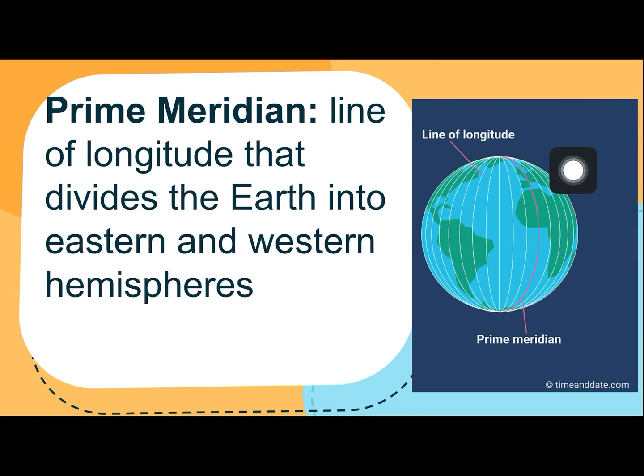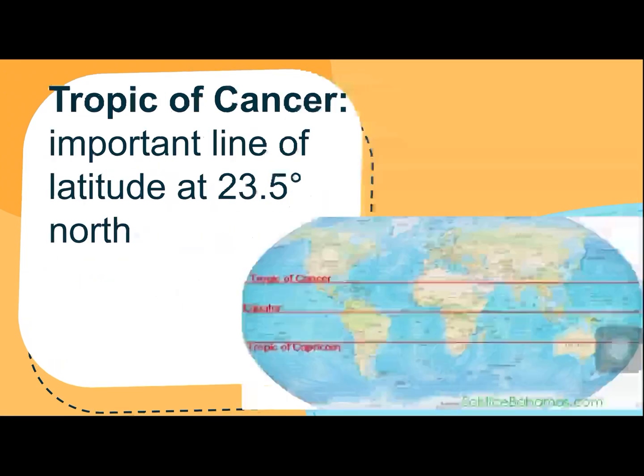Our prime meridian divides our Earth the vertical way into the eastern, which is over here, and our western hemisphere. So two halves there. It'd be like if we were cutting our Earth in half, up and down, the vertical way, we would have two halves on the sides of our prime meridian.